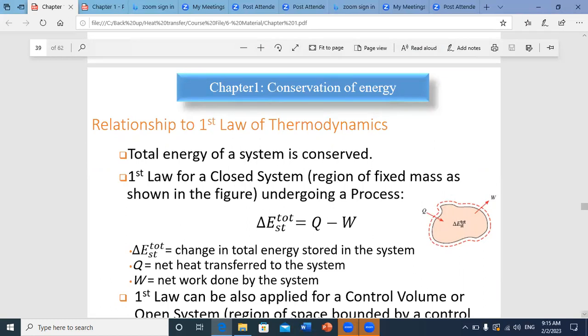We know that energy can be transferred in 2 main forms, in form of heat and in form of work. We already discussed today the different forms of heat. So you can have heat transfer by conduction, by radiation, by convection, and you can also have exchange of energy in work form.